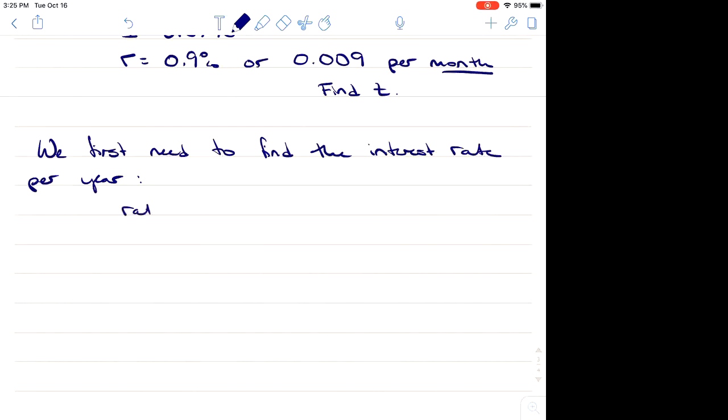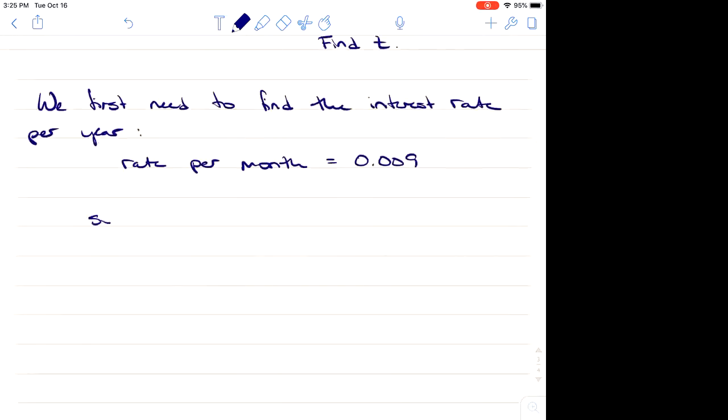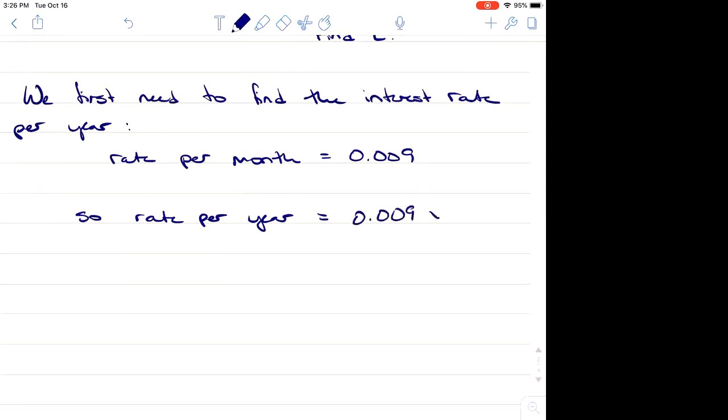So the rate per month is 0.009. The rate per year, there's 12 months in a year, so we just take 0.009 times 12, which is 0.108.